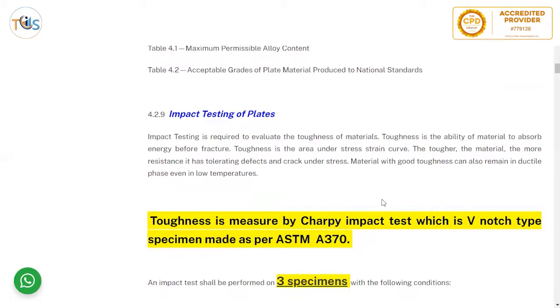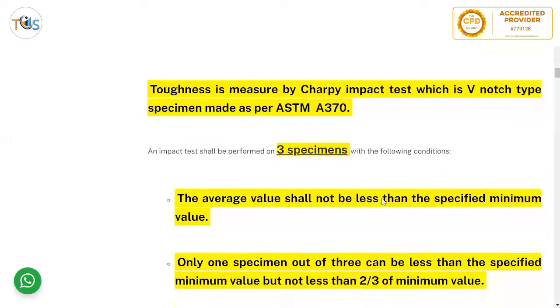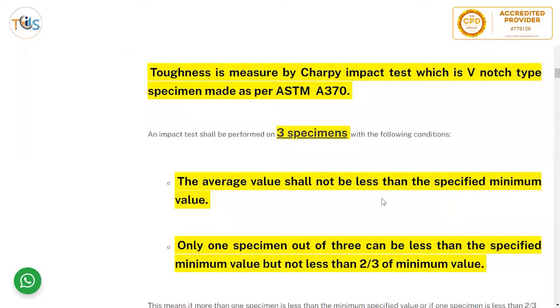Material with good toughness can also remain in ductile phase even at low temperatures. Toughness is measured by Charpy impact test, which is V-notch type specimen made as per ASTM A370. An impact test shall be performed on 3 specimens with the following conditions.